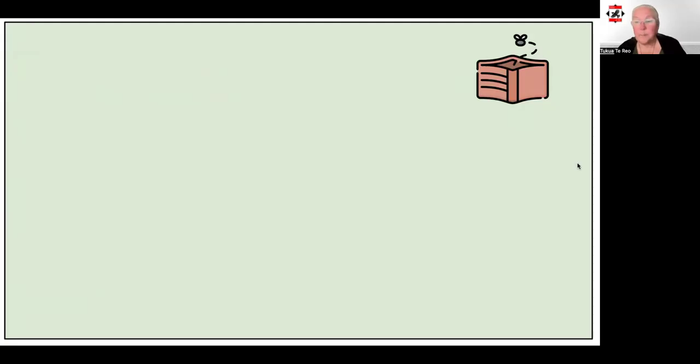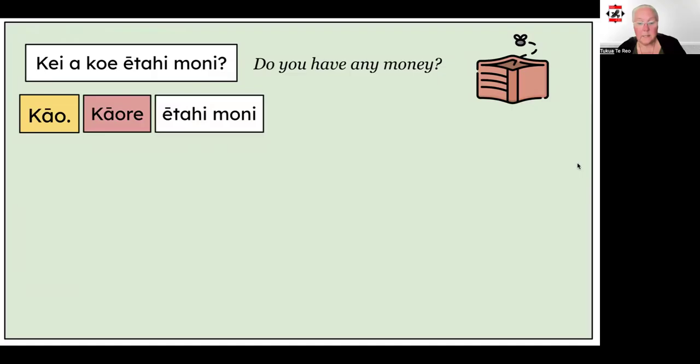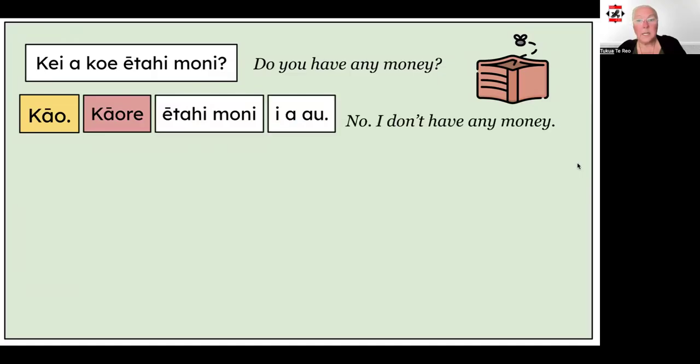And we can use our kupu whakakāhore, kāore, to say somebody doesn't have something. Kei a koe ētahi moni? Do you have any money? And the answer, kāo. Our negative sentence starts with kāore, followed by ētahi moni, and the rest of the negation, i a au. No, I don't have any money.